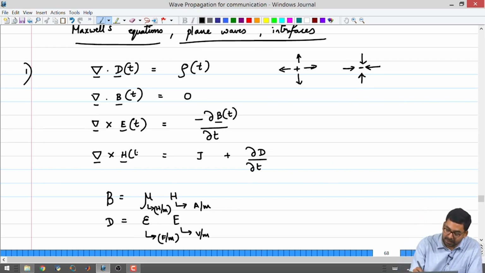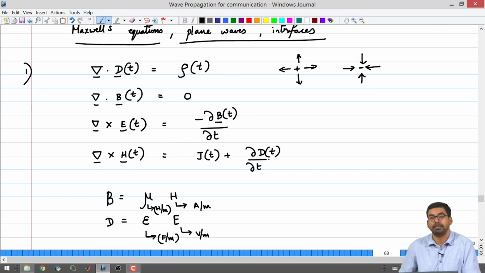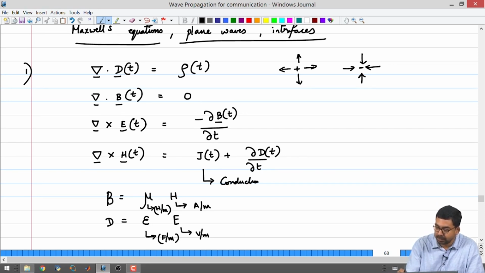Del cross H of T is going to be J of T plus, and just to be clear, this is conduction current density.